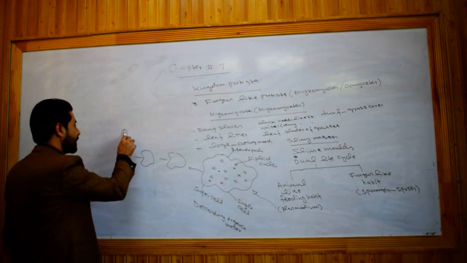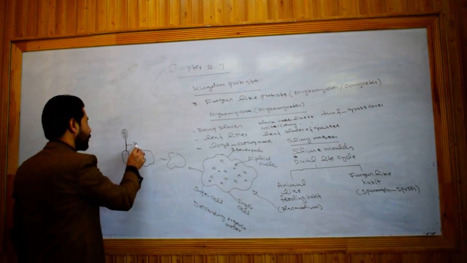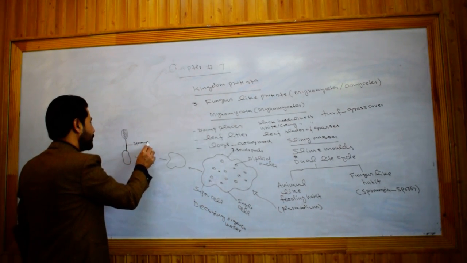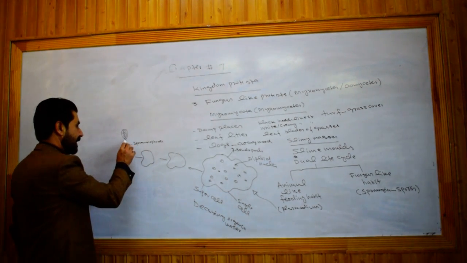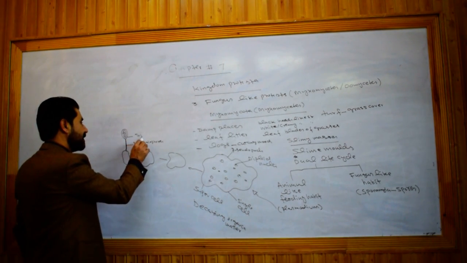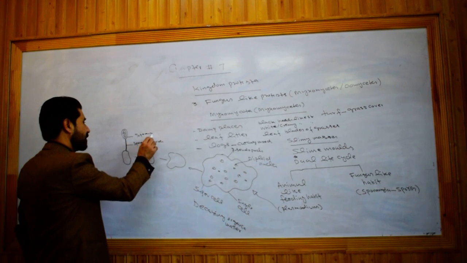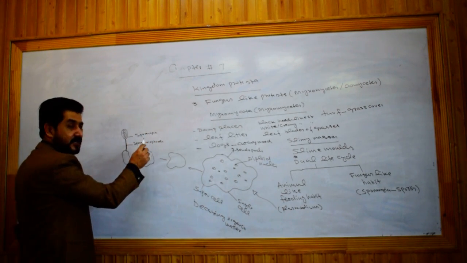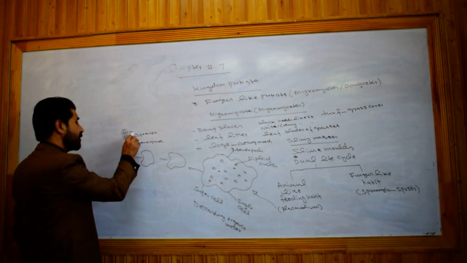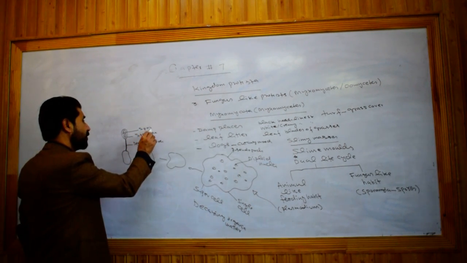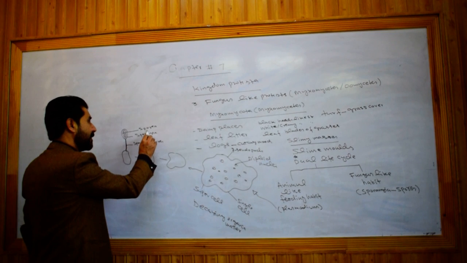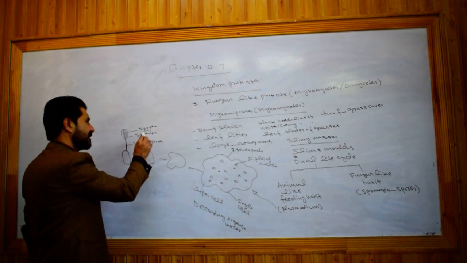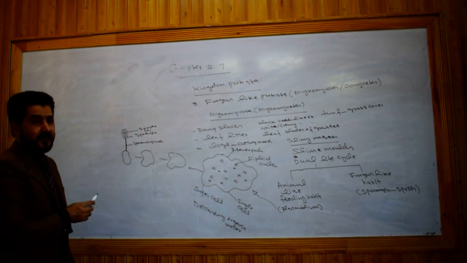This is the sporangiophore, which is the erect branch, and this globose structure is called the sporangium. Inside sporangia many spores are present, and these spores are haploid spores.